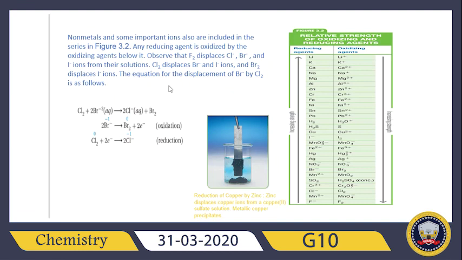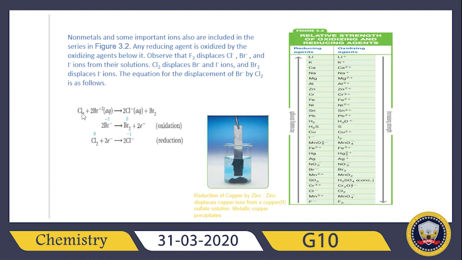For example, according to this table, we can see that chlorine displaces bromide ions and iodide ions, and bromine displaces what? It displaces the iodide ions. So the equation for the displacement of bromide ion by chlorine is as follows.